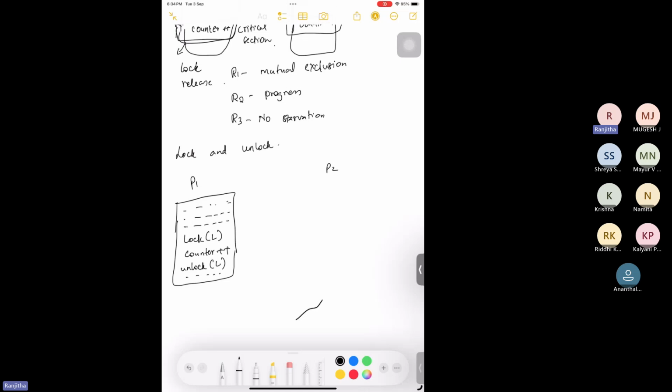The shared variable is the counter. In P2, again, we will have something like this.